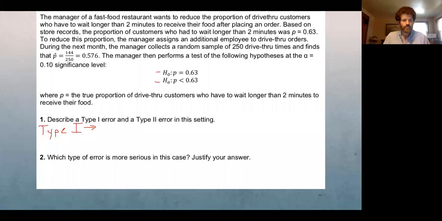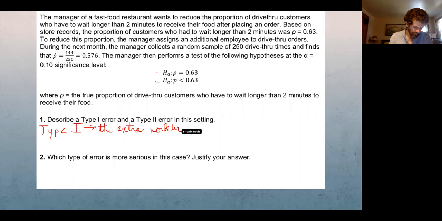So of course, we could find out if this is a type 1 error if we did another sample of 250 and we got like 0.64. And so it didn't really change that significantly. So anyways, we could phrase it different ways, but let's just say that we conclude that the extra worker helped, but they really didn't.